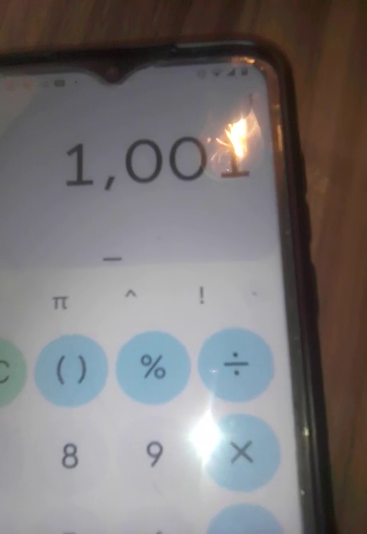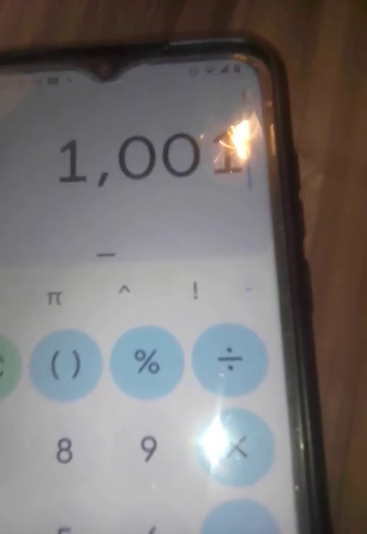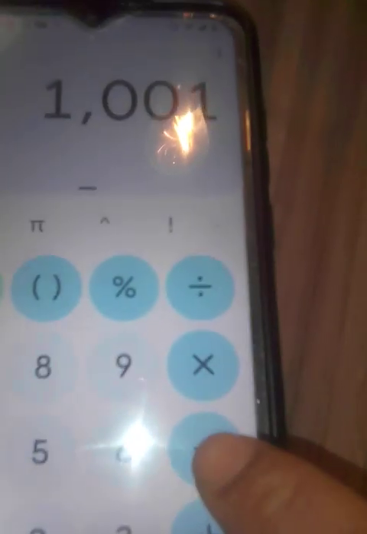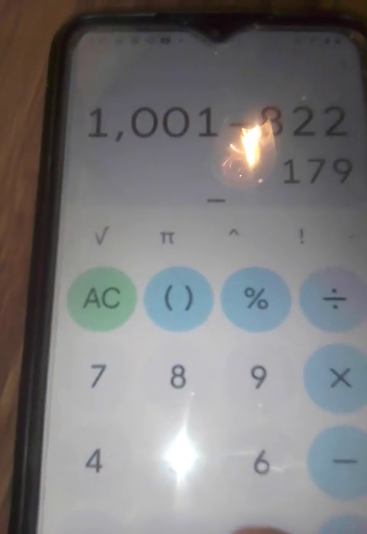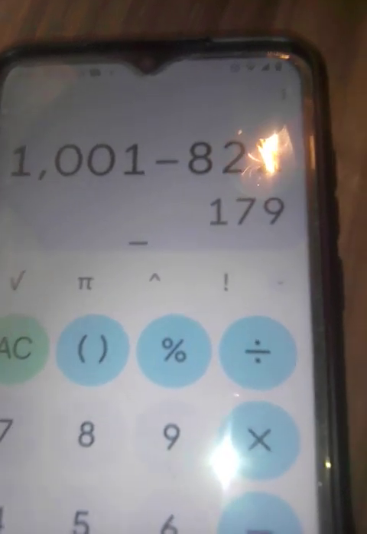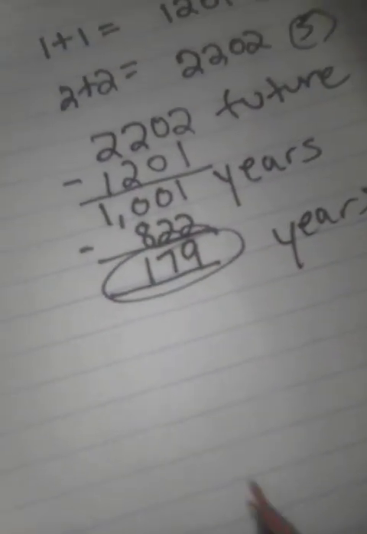From 1201, we've only reached 822 years. So we're going to minus 822 to see how long we have before we reach 1,001 years. We have 179 years to go before we can reach 1,001 years.